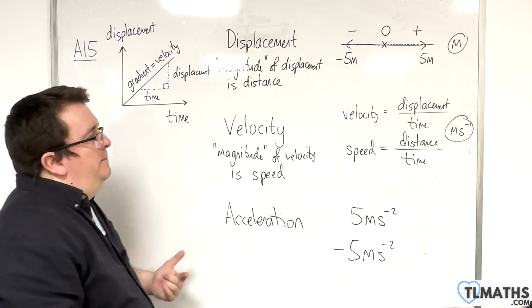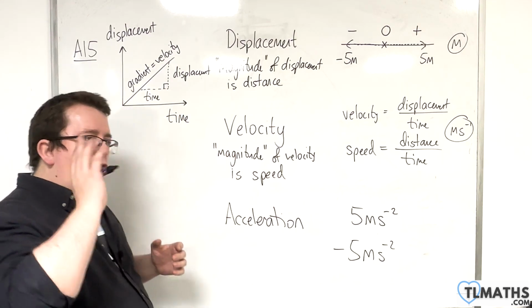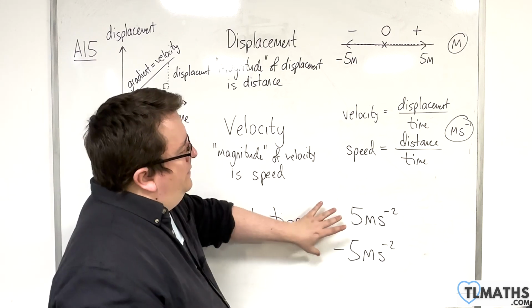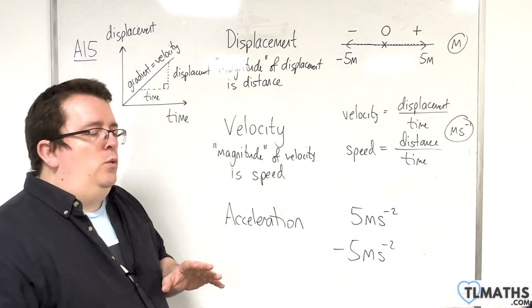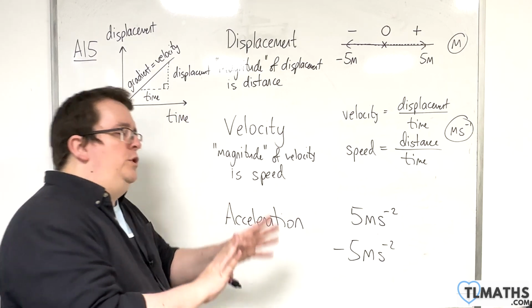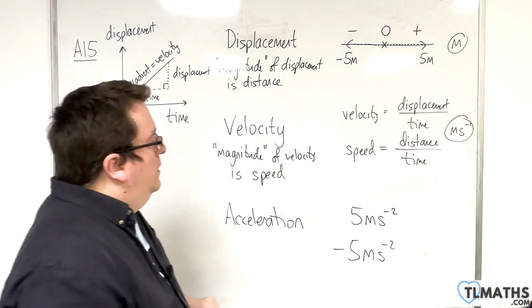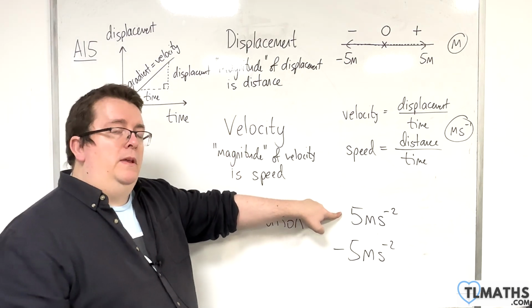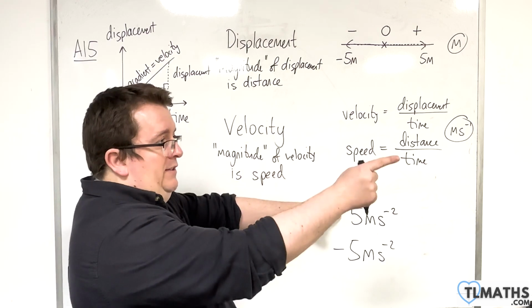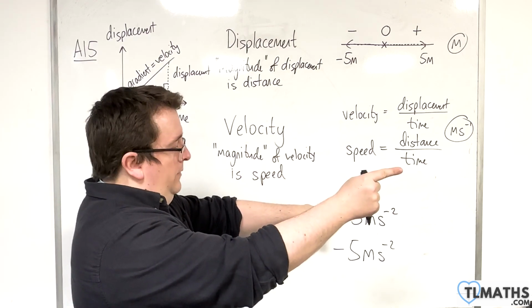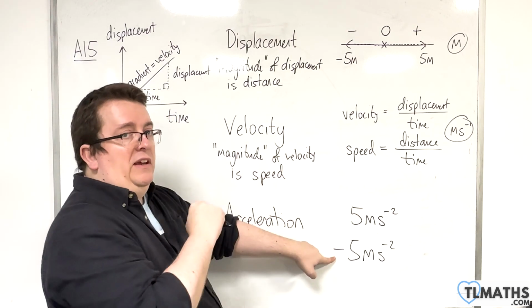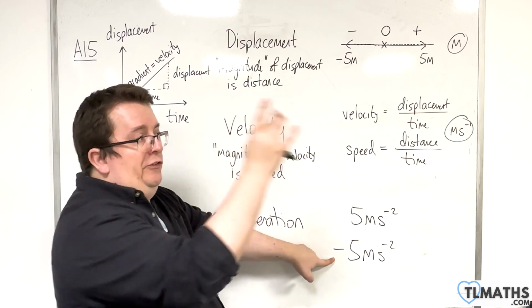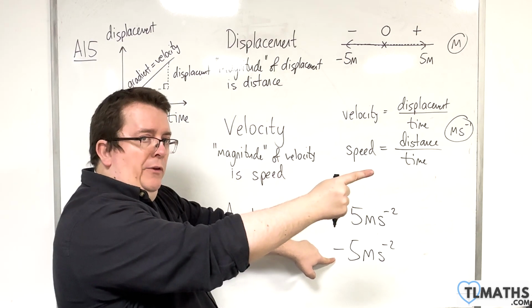Because velocity can be positive or negative, it's telling you the direction in which you are travelling. The acceleration is telling you whether you are speeding up or you are slowing down. So 5 meters per second squared, positive, can mean accelerating in the positive direction. Minus 5 meters per second squared can mean you are slowing down in the positive direction.